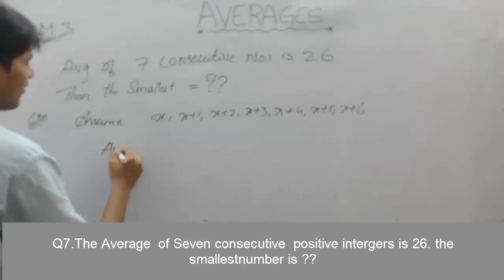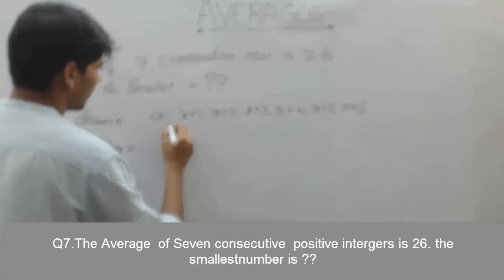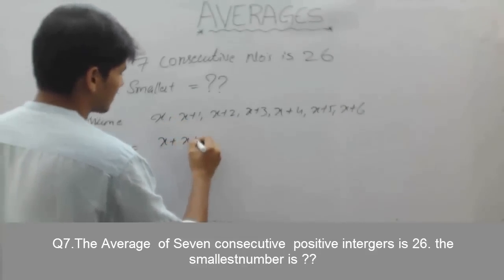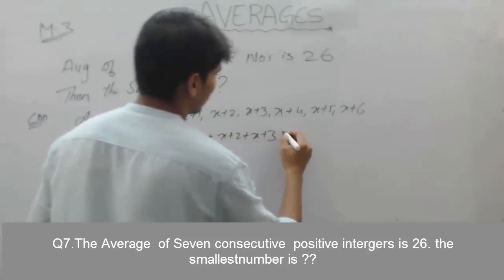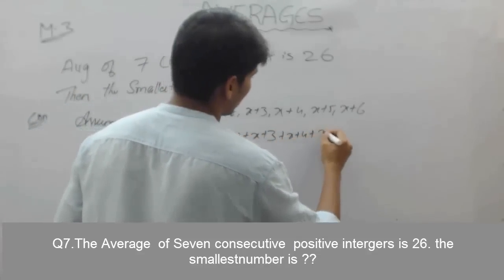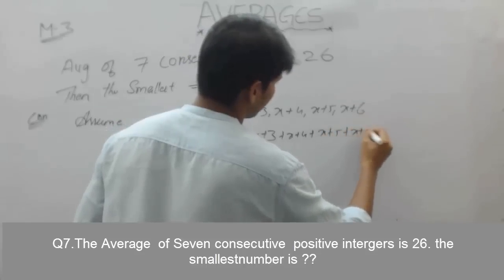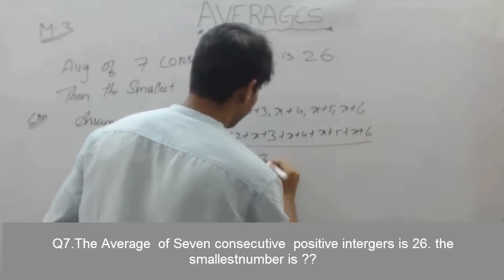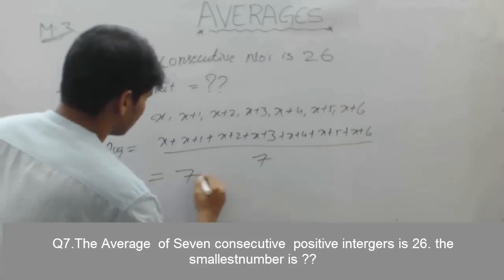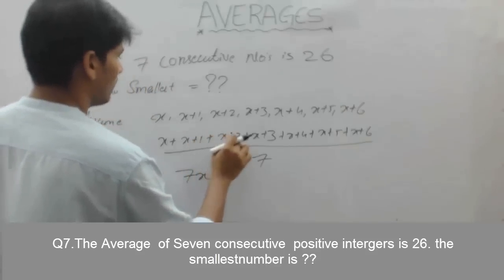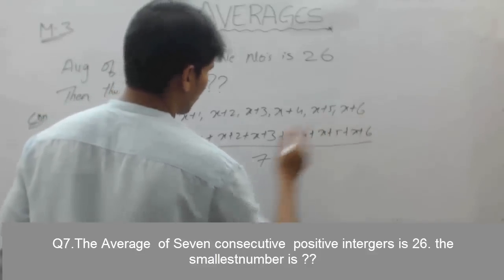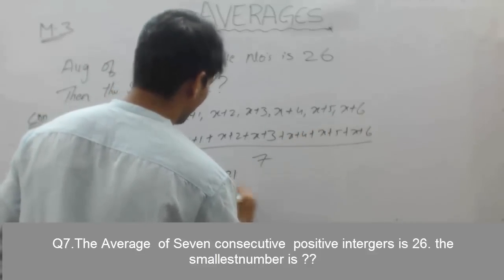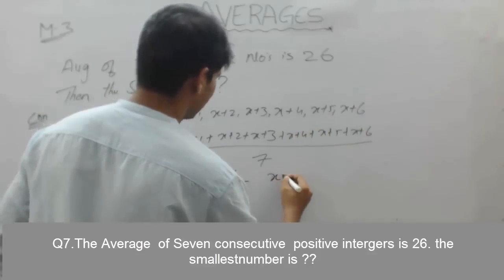To find the average, we need to sum them up. The total is 7x plus 1 plus 2 plus 3 plus 4 plus 5 plus 6, which is 21. Dividing by 7, taking 7 common, we get x plus 3.